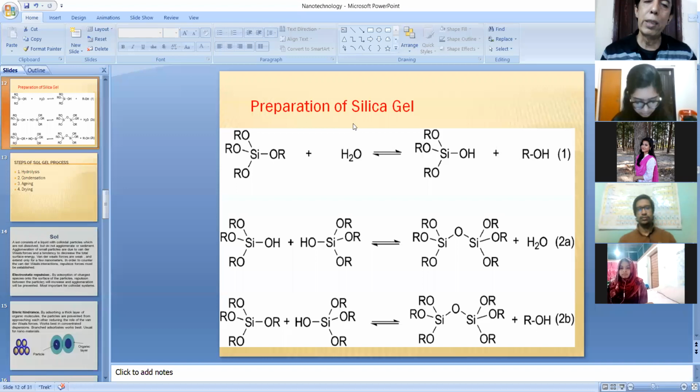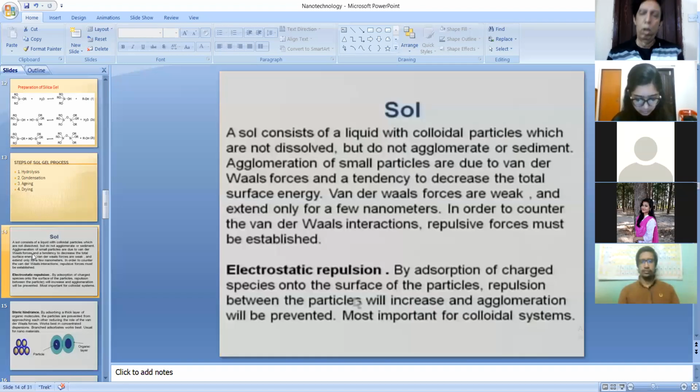Now, this is the basic reaction of your sol gel formation. To go to the details, first we have to see what is a sol. A sol actually consists of a liquid with colloidal particles which are not dissolved.